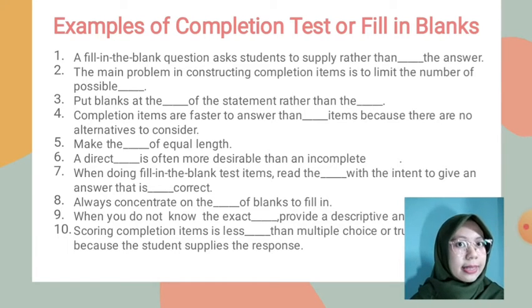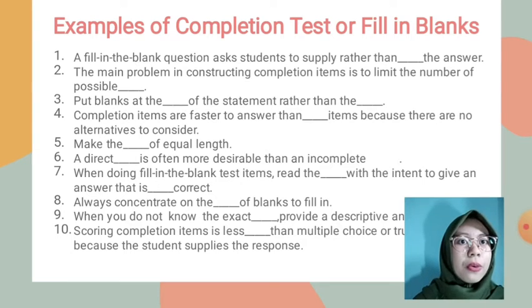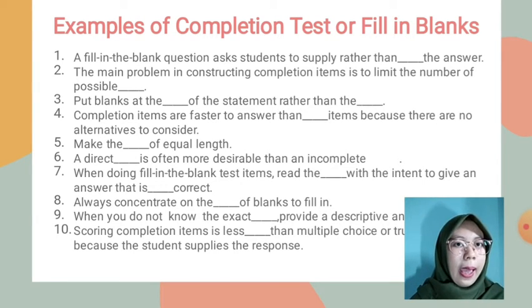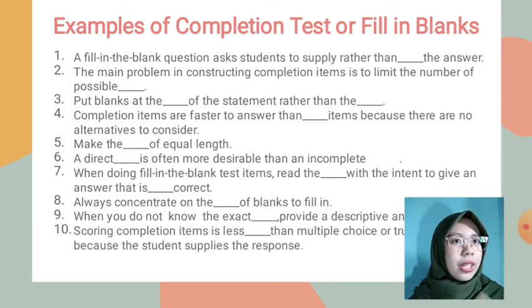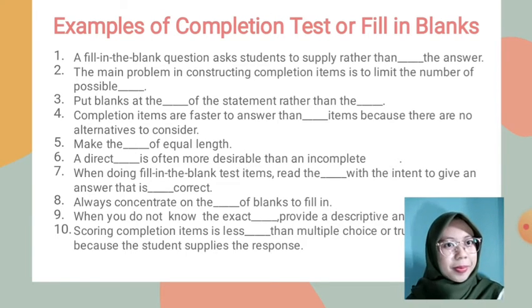And next, number 5: make the blanks of equal length. There are five more questions, but I only read five questions of the example of completion test or fill in the blanks. So now we are going to the next slide.